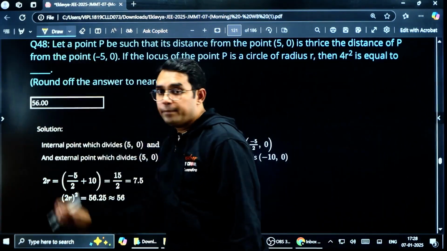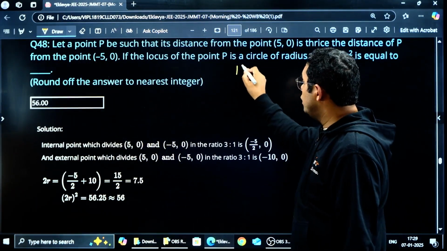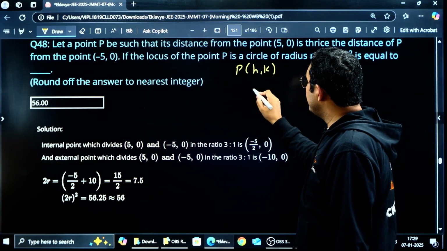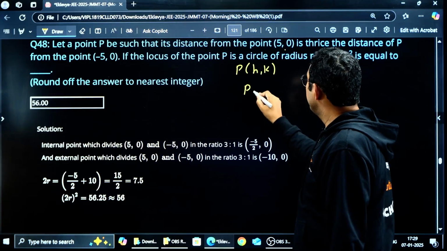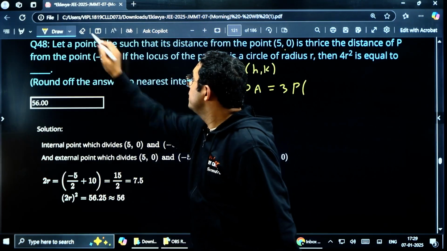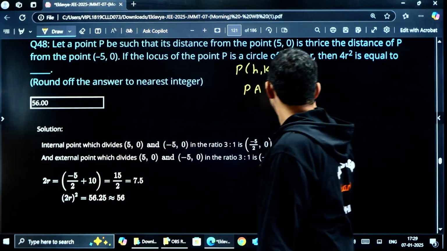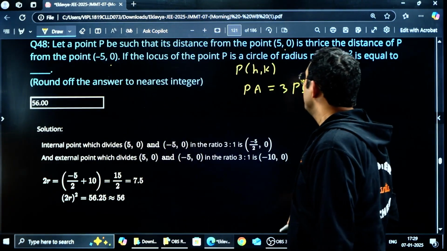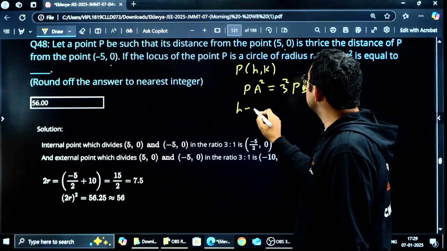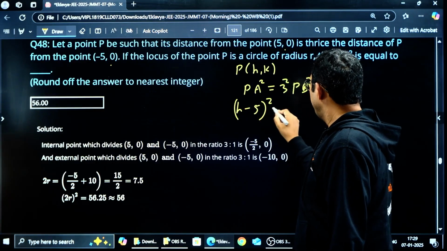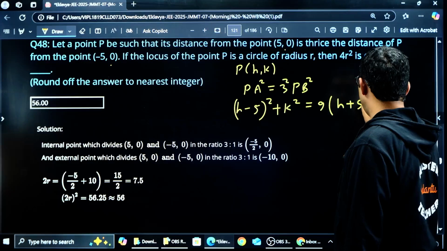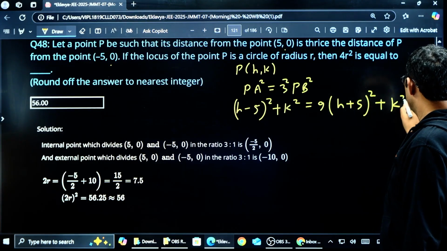I will not make a diagram this time, but I will take P as h comma k. I think they have done the same way as I have done. So P as h comma k. Now we are given that the distance of P from A is equal to 3 times the distance of P from B. This is B, this is A. Now doing the squaring, it will be (h minus 5) whole square plus k square is equal to 9 times (h plus 5) square plus k square.